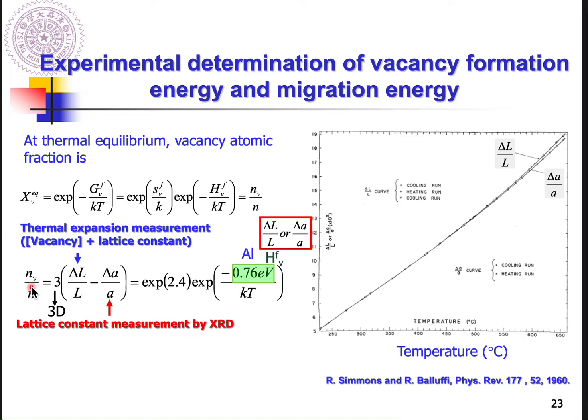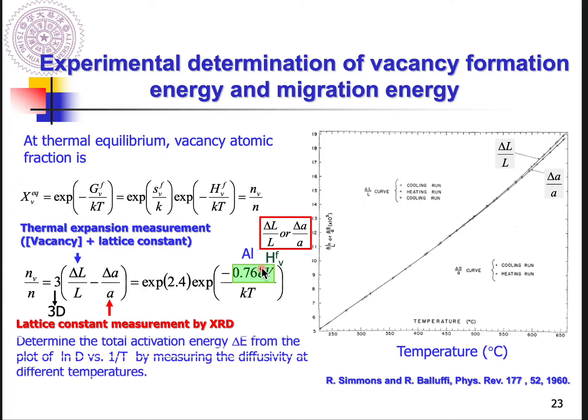So as long as you have this NV over N, this atomic fraction at 5 different temperatures, then take the log and plot log of this value as a function of 1 over T. Then after fitting, the slope will become negative vacancy formation energy divided by K. Then you can get the vacancy formation energy.